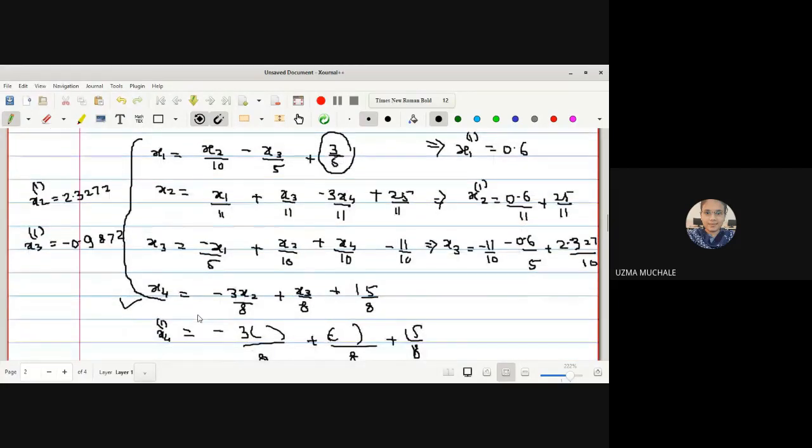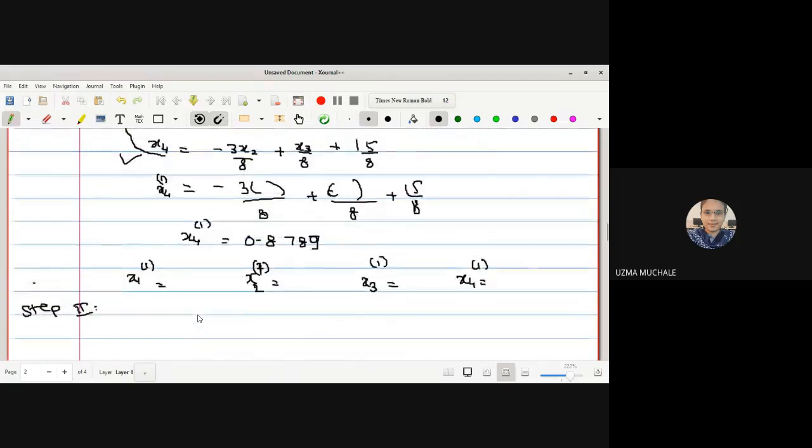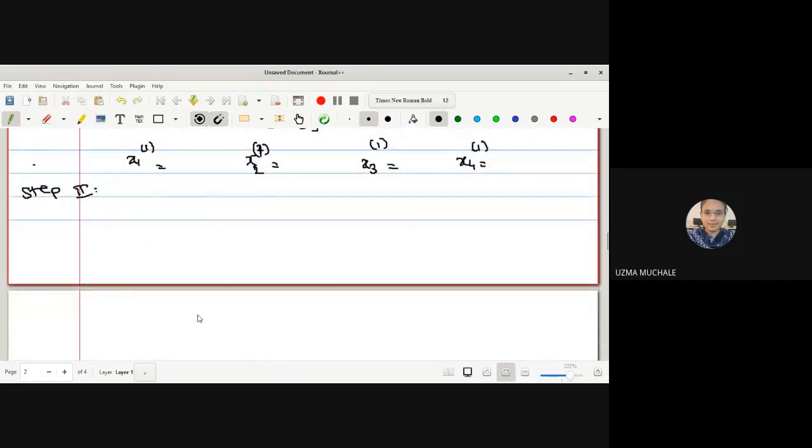What is the change? x1 is equal to x21 divided by 10 minus x31 divided by 5 and so on. Write these equations and then we will solve.